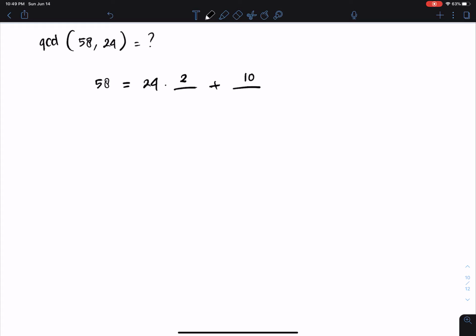Okay, so next, we move the 24 here and the 10 will be here, times what number and what will be the remainder. So 10 times 2 will be close, because 10 times 2 is 20, the remainder is 4.